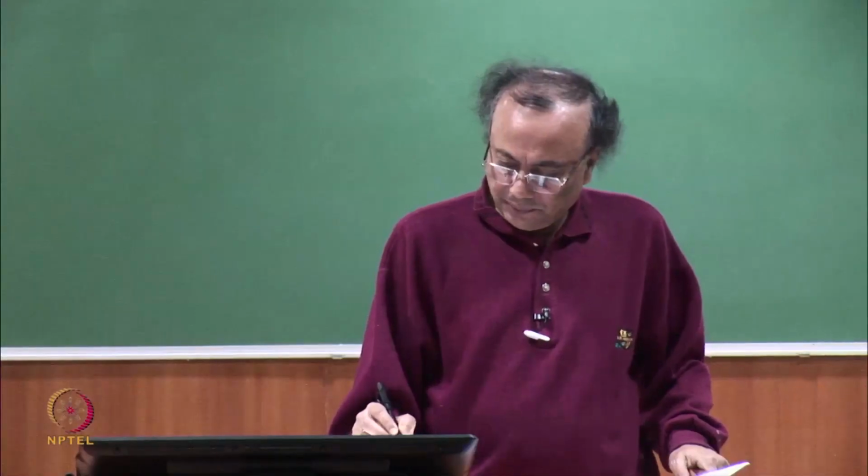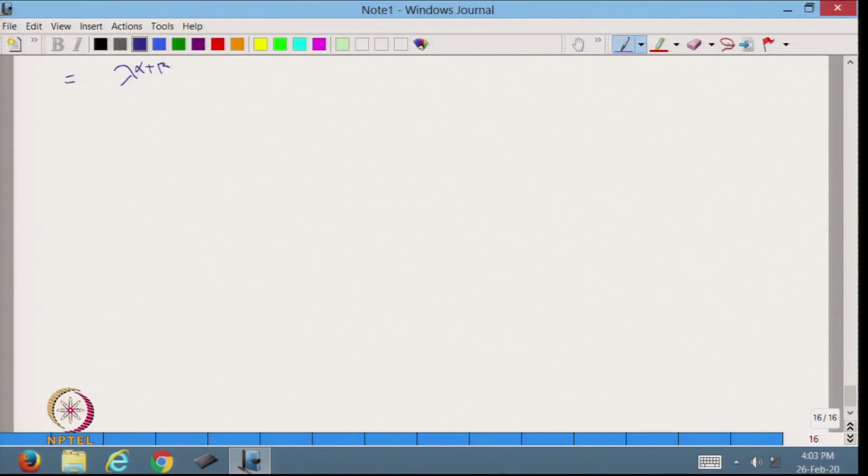Now, beta of alpha comma beta we can write as gamma alpha gamma beta upon gamma alpha plus beta. So this is multiplied by u to the power alpha plus beta minus 1 and e to the power minus lambda u.